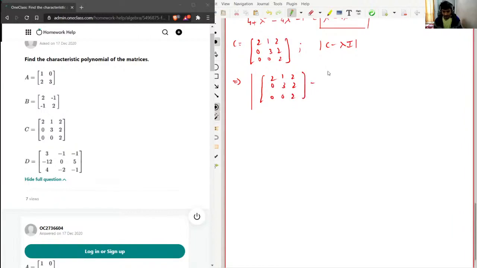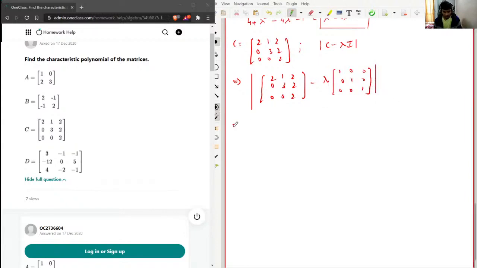minus lambda times I. Now my I matrix is going to be a 3 cross 3 matrix. This will be 1 on the diagonal, and the rest all will be 0, and again a determinant.